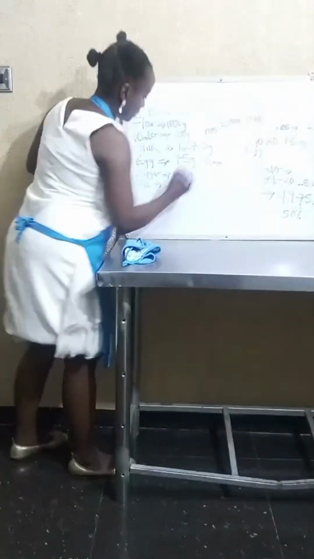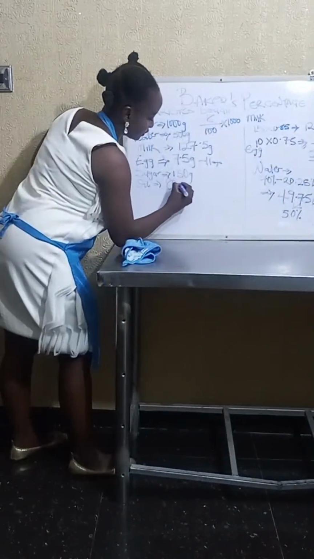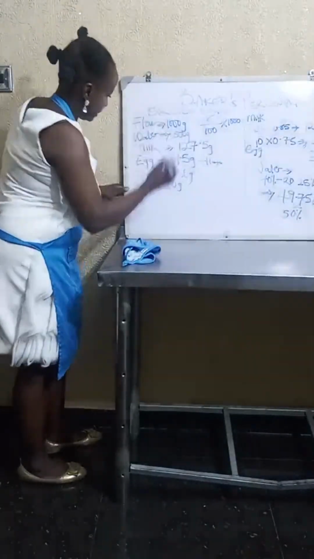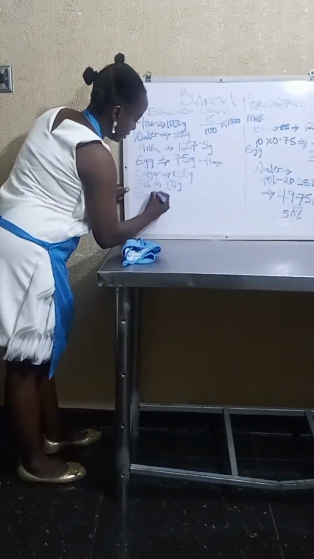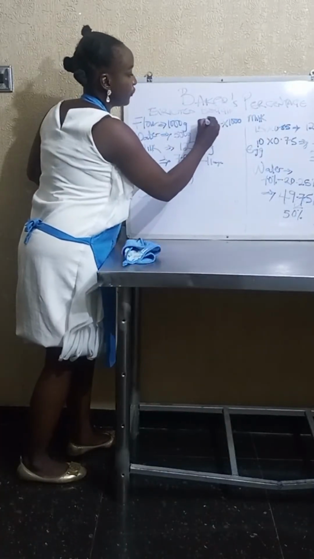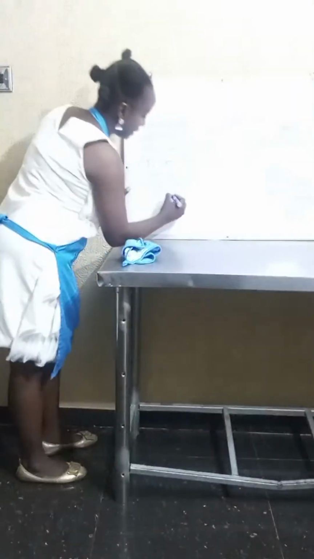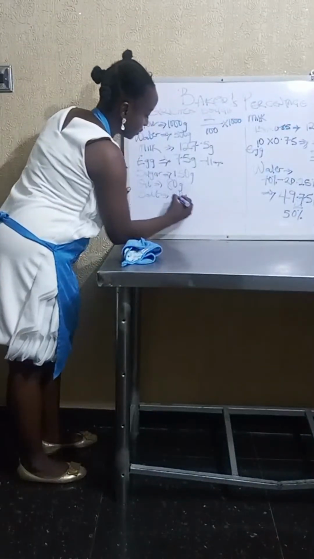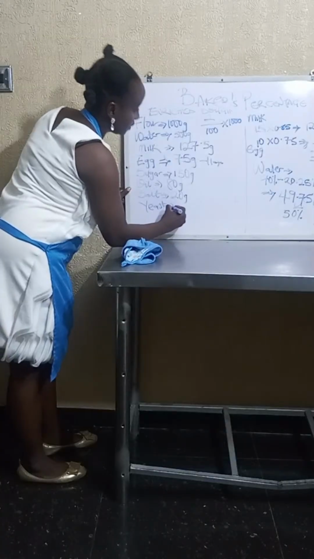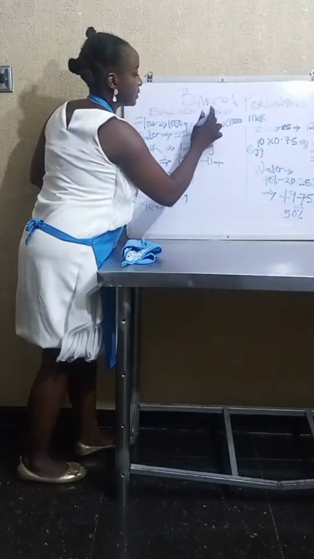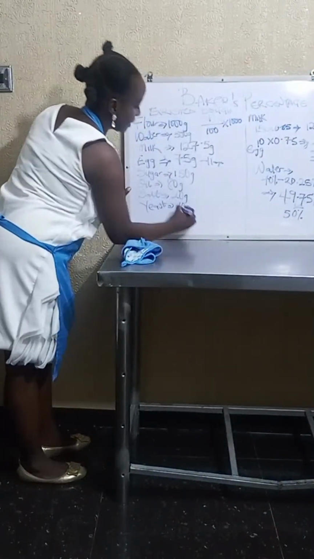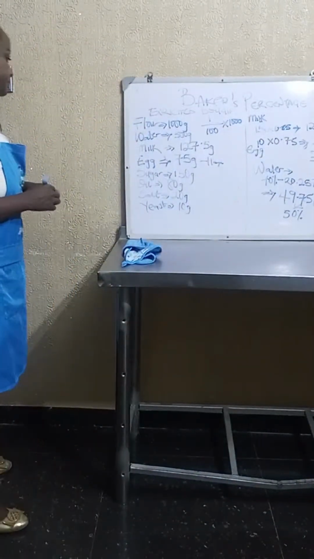Divided by 100 times 1,000 gives us about 80 grams of oil or fat. And then we have our salt. Salt is usually 2%. So 2 divided by 100 times 1,000 gives us 20 grams of salt. And for our yeast, we have 1% divided by 100 times 1,000. That gives us 10 grams of yeast.